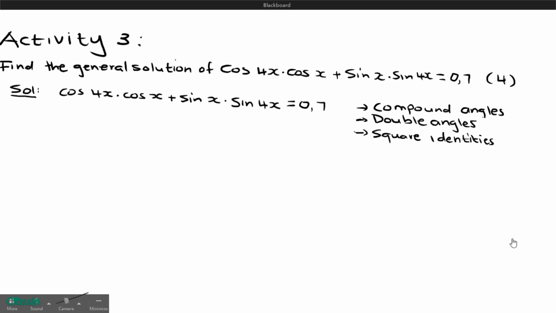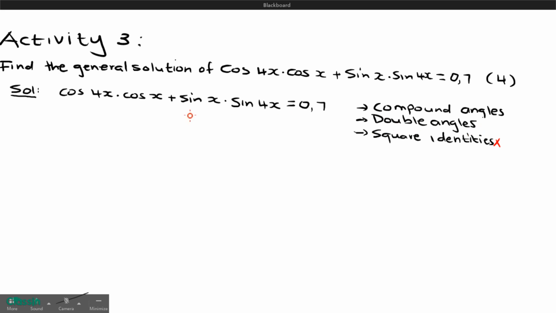We also need to check if the given equation falls within these 3 things. It should remind you of your formula sheet. Do we have square identities on this equation? No, we don't.